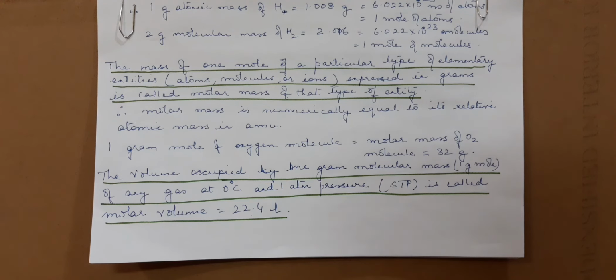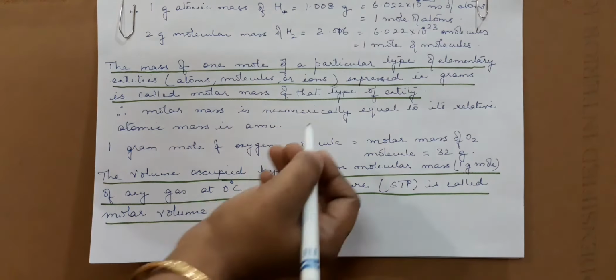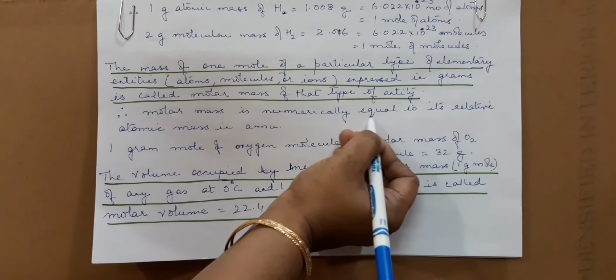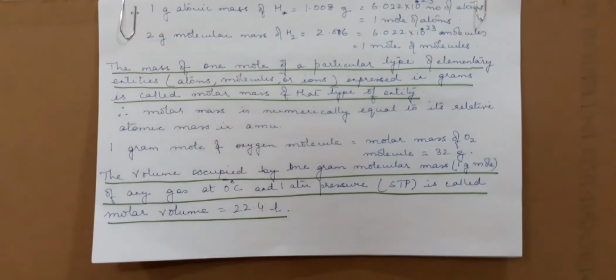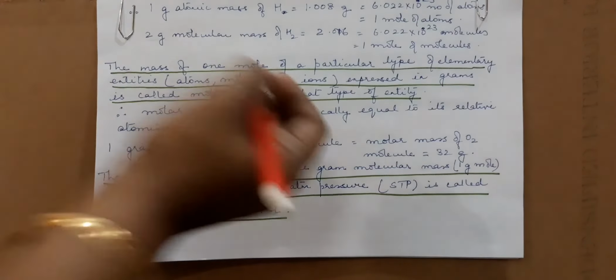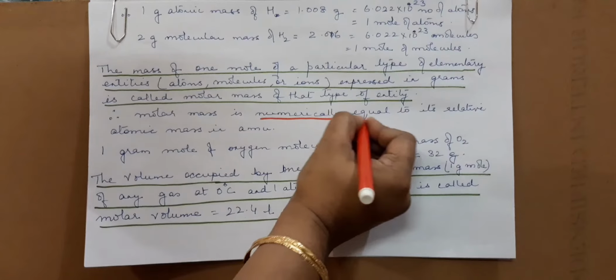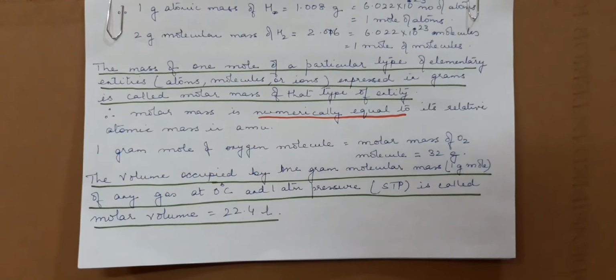That means mass of 1 mole of anything is its molar mass. And very important, molar mass is numerically equal to its relative atomic mass in AMU.